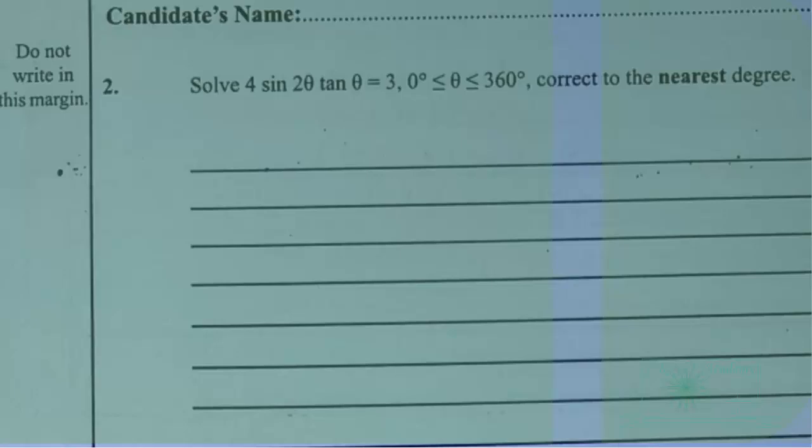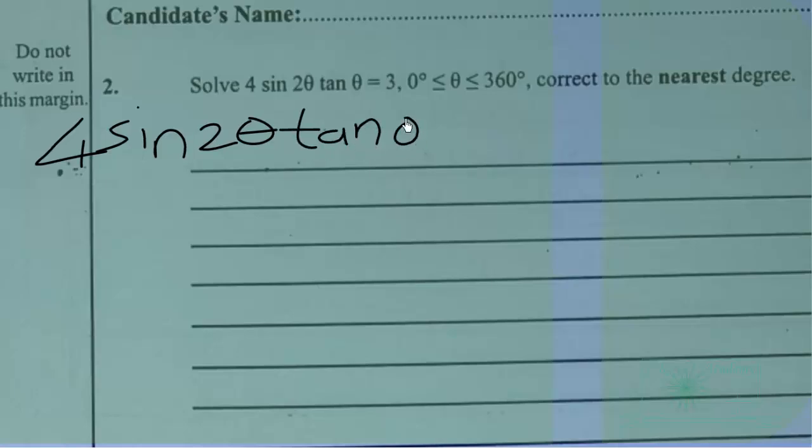First, what we need to do is to simplify. So we have 4 sine 2 theta tan theta is equal to 3. So 4 sine 2 theta is a double angle, so we simplify it.